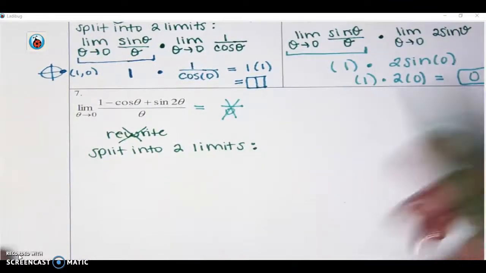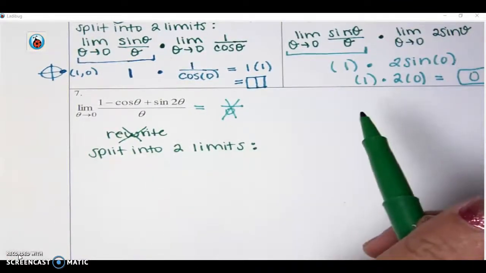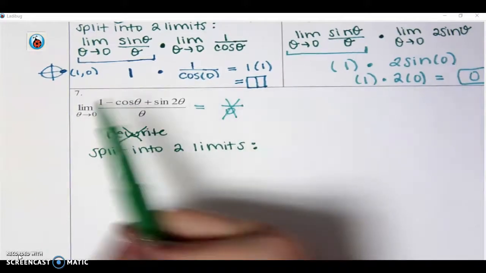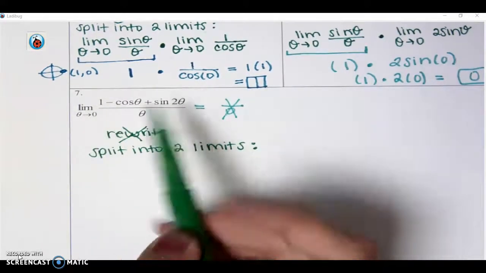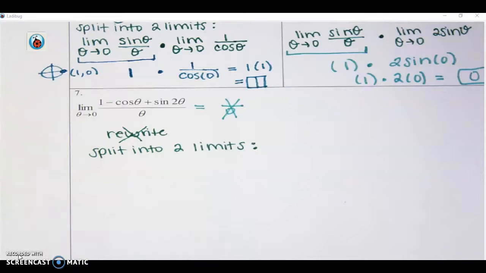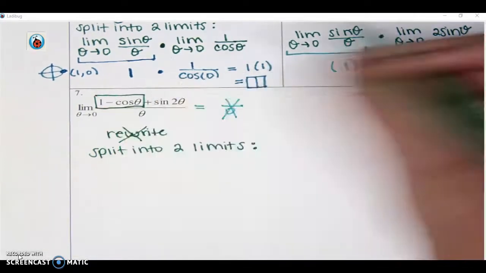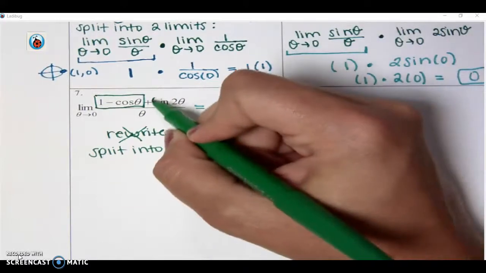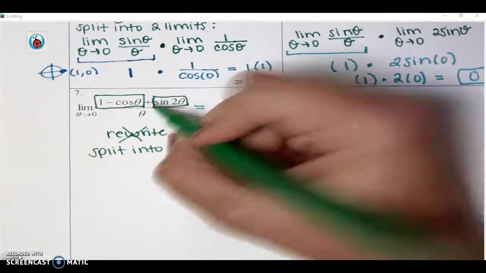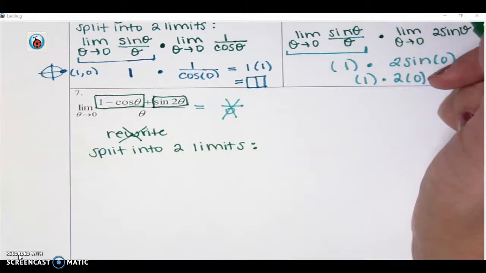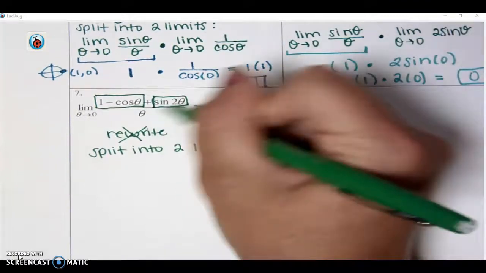So now we're going to go to the split into 2 limits. Okay, so the difference between this problem and the other problems was that we were working with multiplication. If we want to split this up, I'm going to split 1 minus cosine theta into one part, and then 2 sine theta into the other one. The goal was to get your sine theta over theta, so I want to put this with the theta.